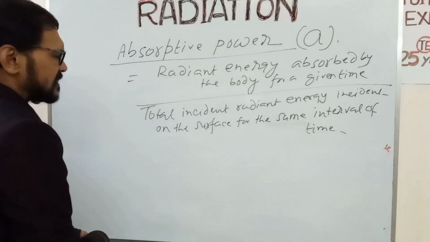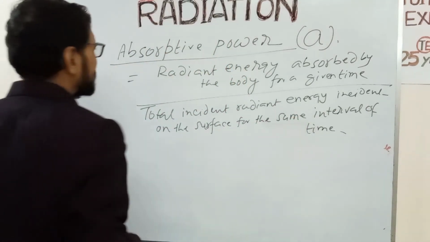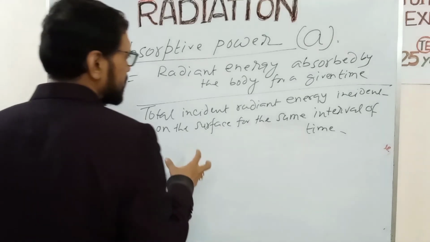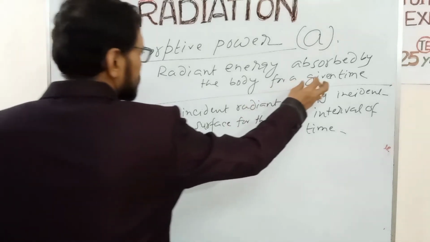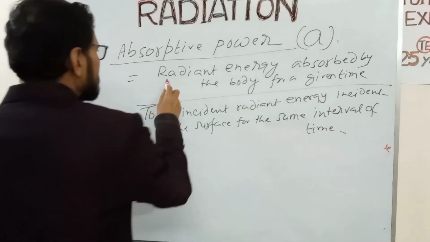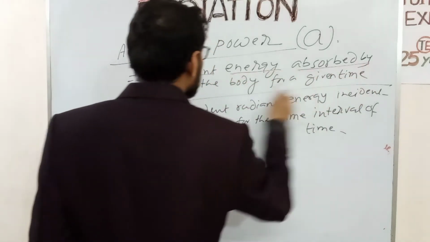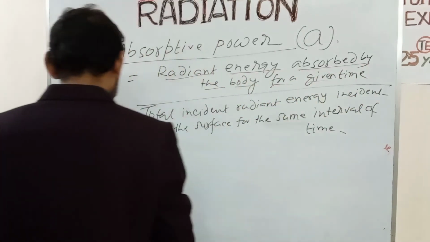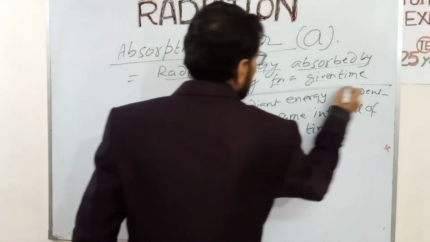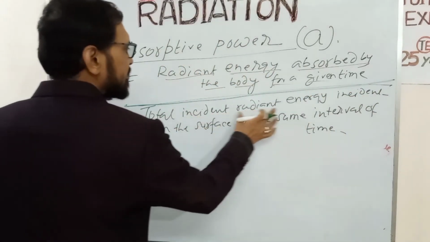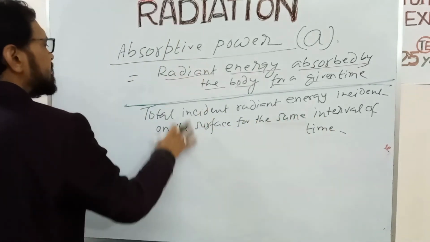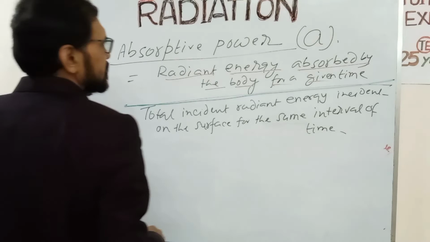We know the energy absorbed or radiated is time dependent. For a given time, the two times will be the same. So the ratio of radiant energy absorbed by the body to the total incident radiant energy on the surface for the same interval of time is the absorptive power.